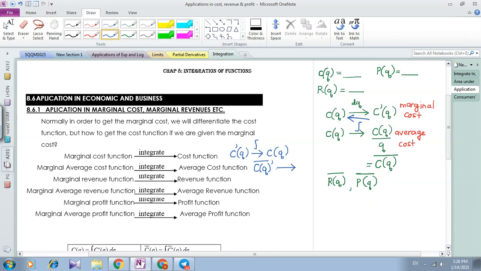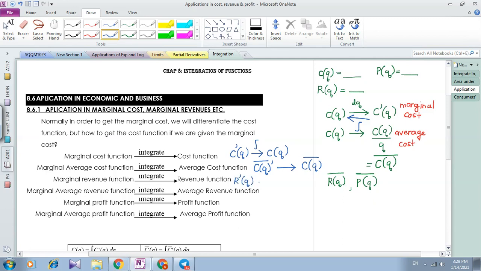When you integrate, you will get the average cost. Then marginal revenue is denoted by R prime.